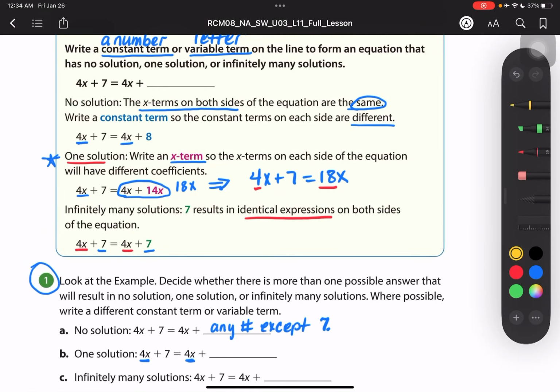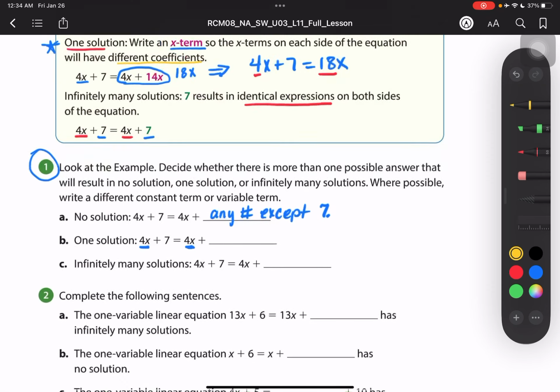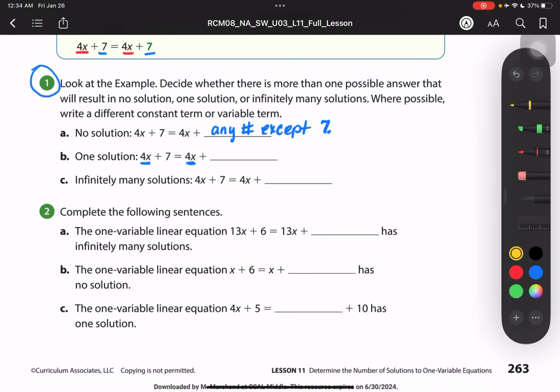It says those x terms will have different coefficients. So in order for me to have a different coefficient for B, I must be looking at this problem and have 4x plus any possible number other than 0x. Okay, so I'm going to just put a 2x.